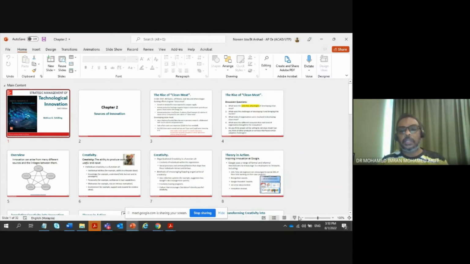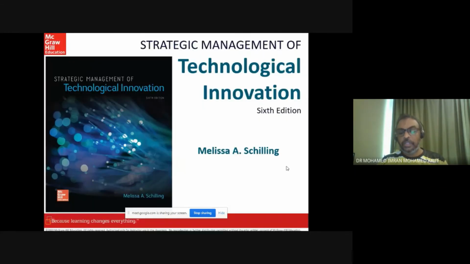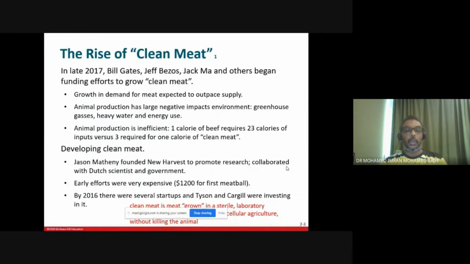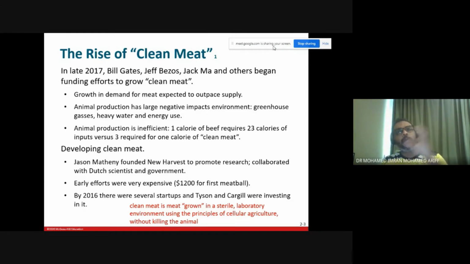Okay, so let's just take a look at several sources of innovation. Let's start with this story by Bill Gates, Jeff Bezos, and Jack Ma. So they were all thinking of how to come up with clean meat. What is clean meat? That means they synthesize daging, meat. So they all will go to the labs, and the labs will do something, and they will come up with daging.